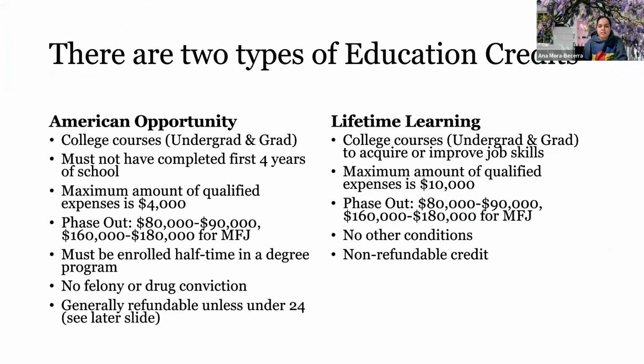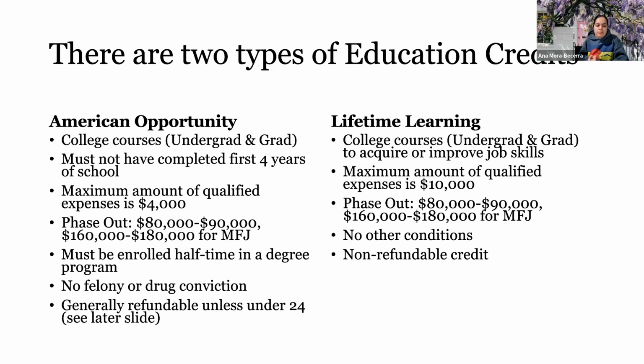This is where the fun begins as far as credits. We have two: the American Opportunity Credit and the Lifetime Learning Credit. The American Opportunity Credit is for taxpayers doing their undergraduate degree. They can be taking graduate classes, I guess, but it would have to be within the first 4 years of school.